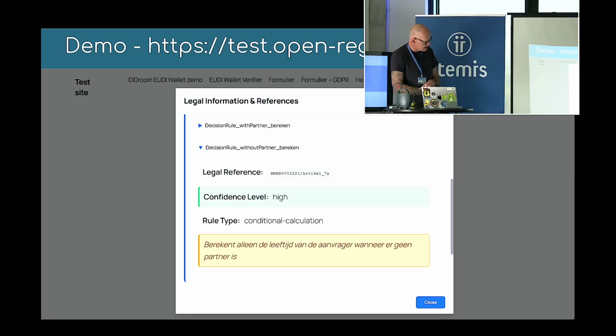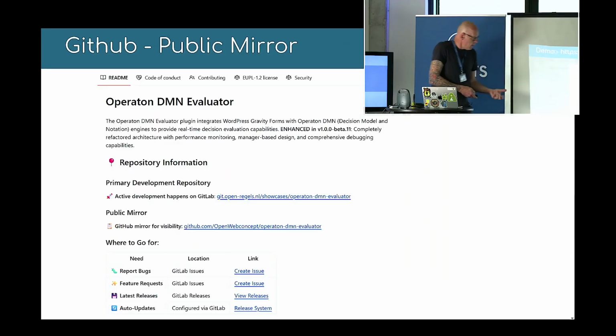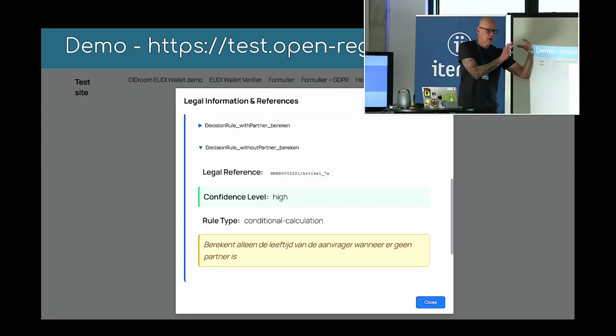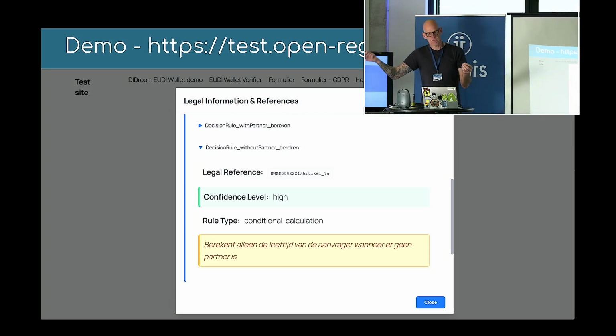There's the legislation reference, the confidence level, and that one note. This information is stored in the DMN. And to make a final remark here, from a legislation perspective, the legal person of the authority that is responsible for the business rules can add remarks that, without user interruption or coding, can be shown from a user perspective.